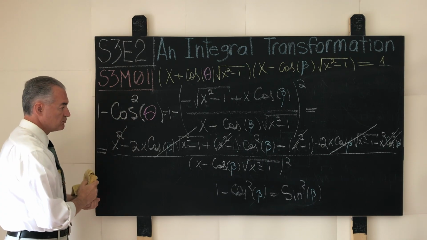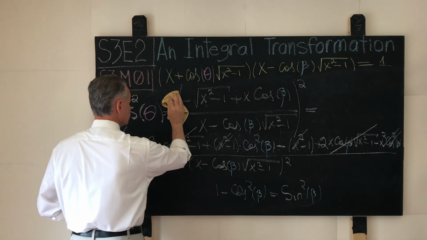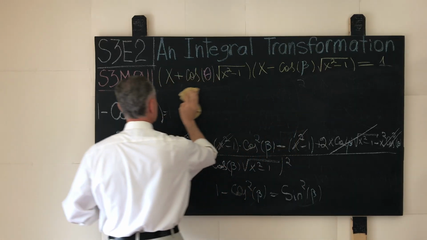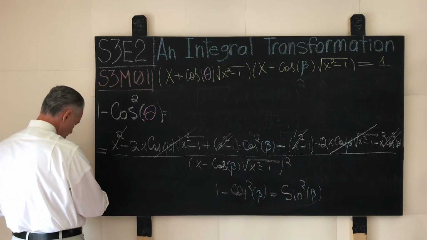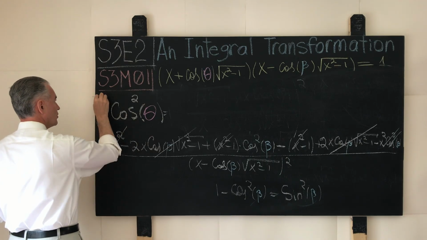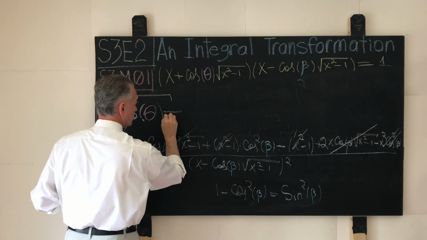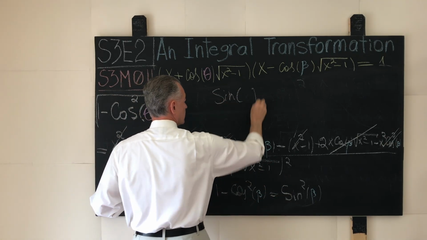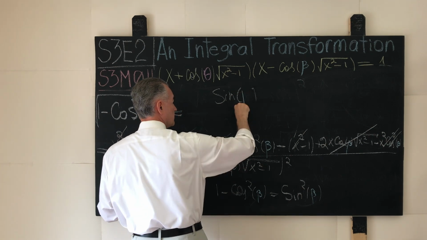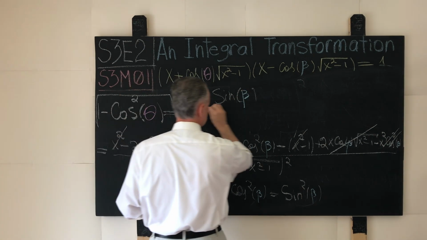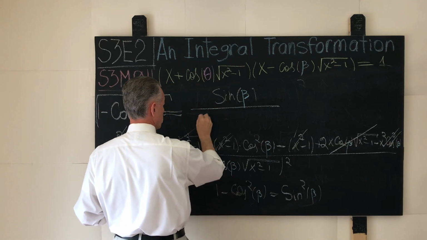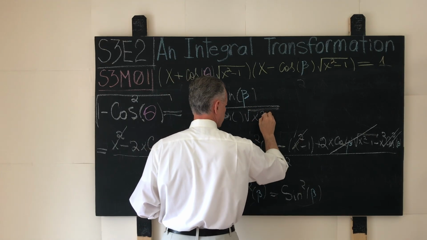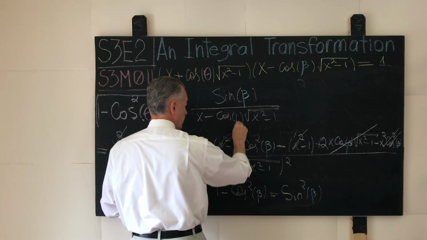We can even be brave and erase this material. Let's erase this material right here. We will write that the square root of this will be equal to what? Sine of beta divided by x minus cosine of beta times the square root of x squared minus 1 cosine of beta.